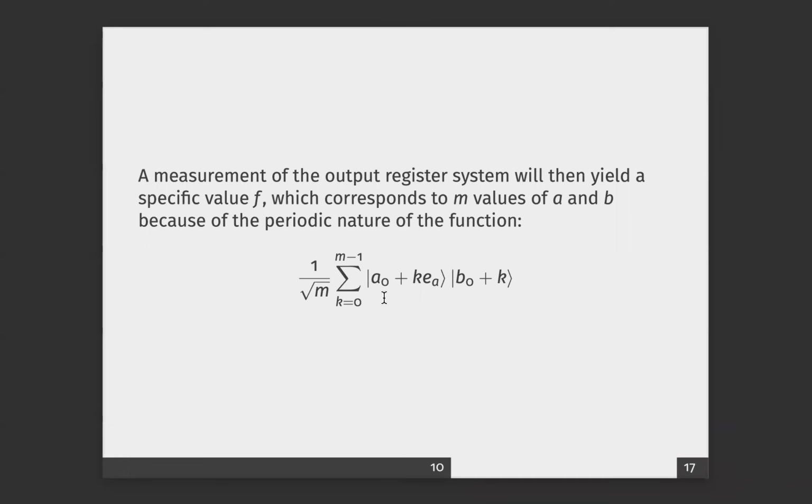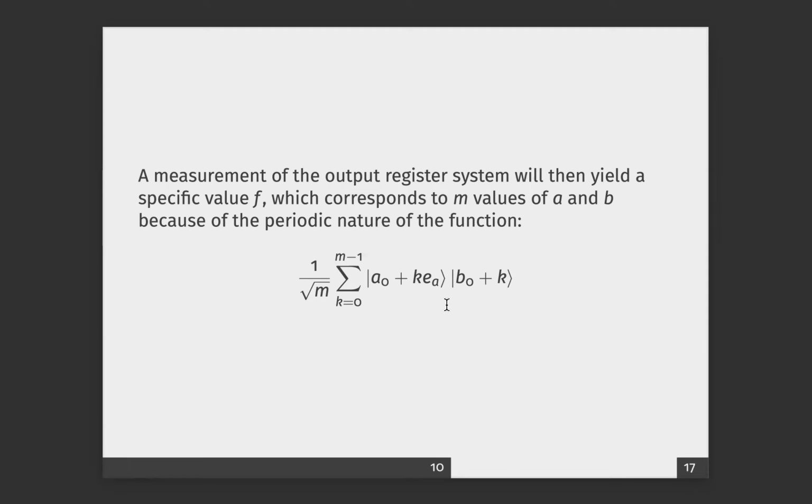So in other words, the input register will then be in this form. Okay, because this is a periodic function, it will give you all values of A0 and B0, all values of A, B such that they have the same output.